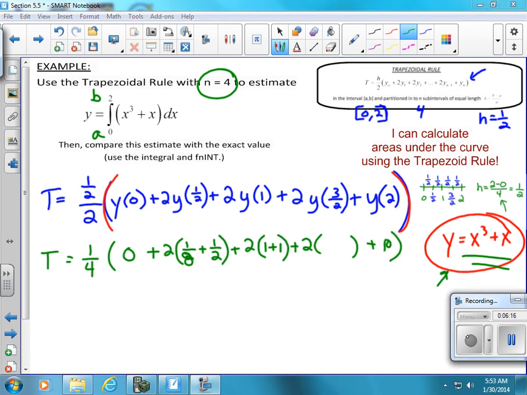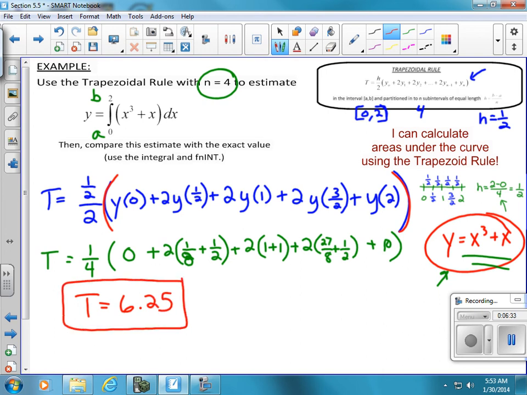Okay, when I plug 3/2 in and cube it, I get 27 over 8 plus 1/2. Okay, plug this into your trusty calculator. And remember, we need to know how to do this by hand because you don't know if this might be a calculator or non-calculator question. All right, so this is what we get using the trapezoidal rule.